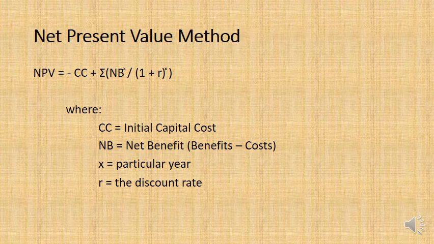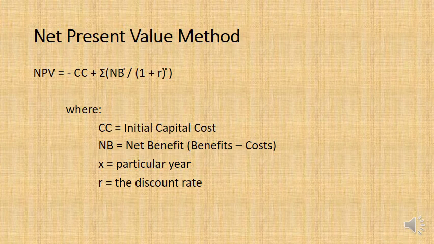To find the net present value, we add the net benefit from every year, adjusted to the discount rate. We take the sum of the net benefit from every year that the project infrastructure will be open, and add it to the negative value of the capital cost. So that is that equation right there.